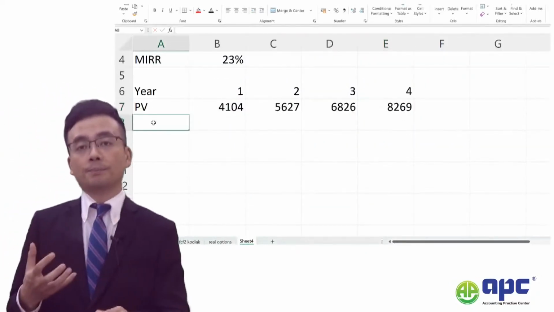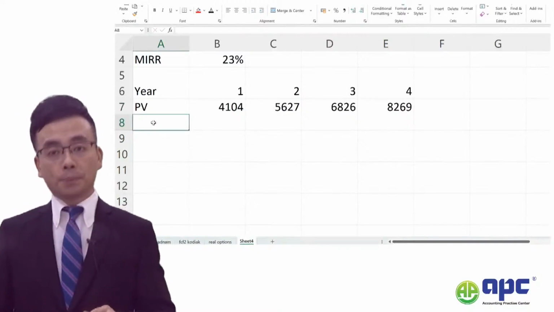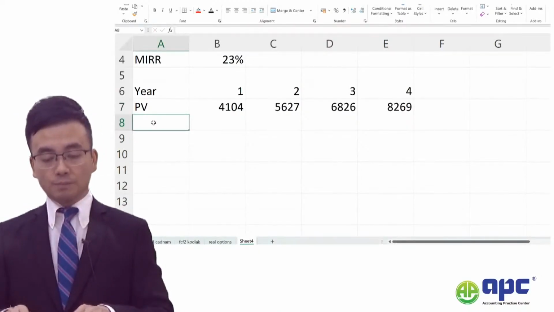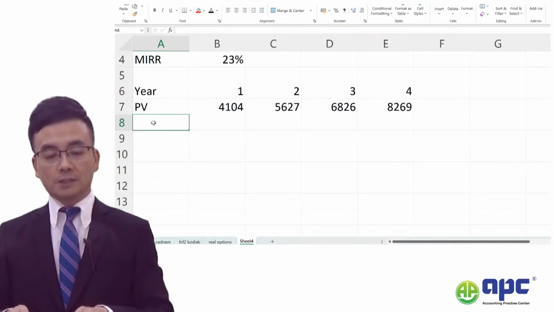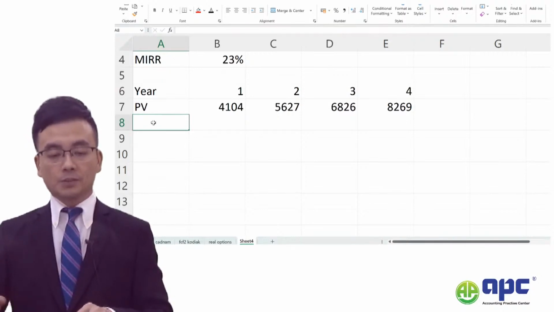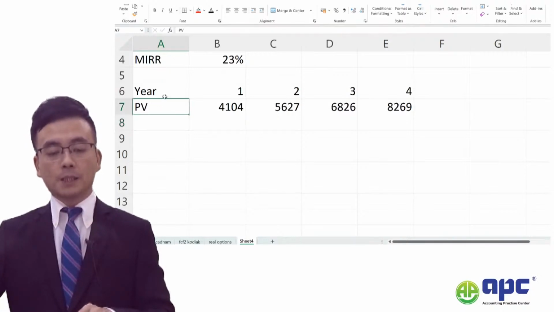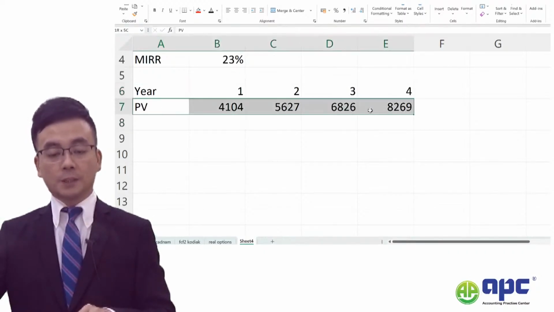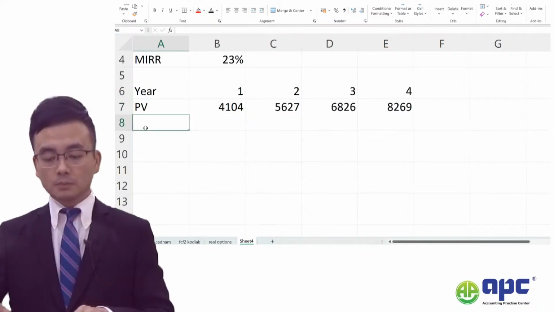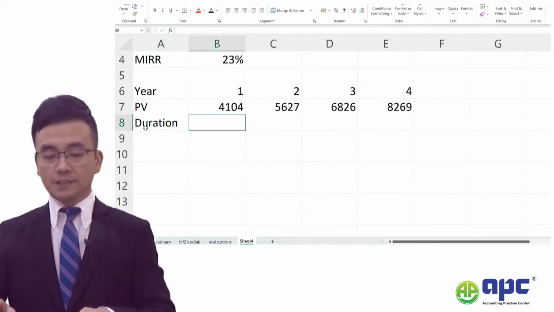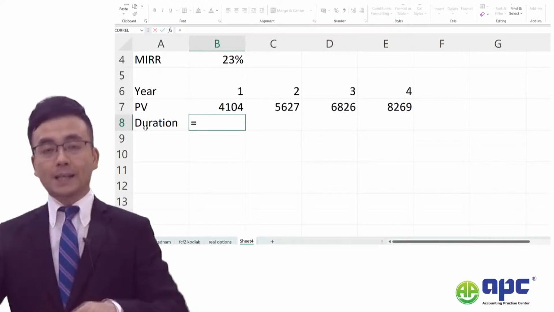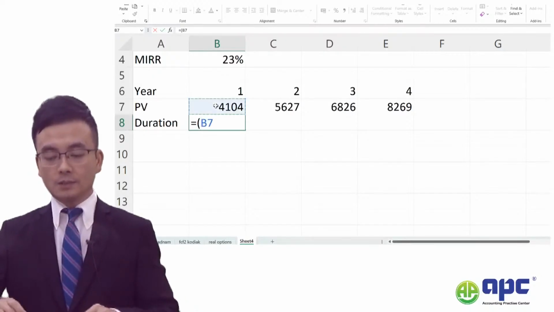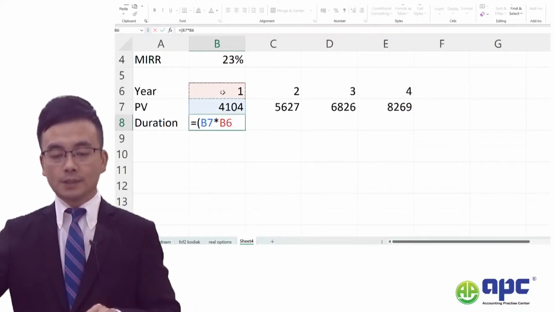So all we would do is compute the duration. It will be rather straightforward, because we take the present value times the number of years and then over the sum of present value. That's all. So duration, firstly, open a bracket, I would like to take this times this.